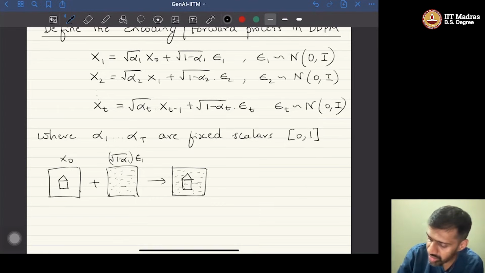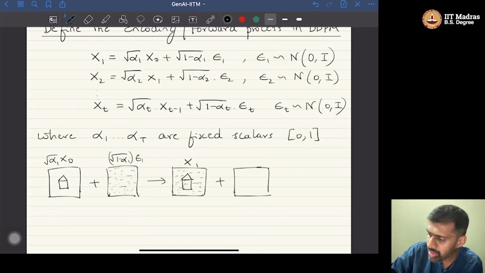So you multiply the data with root of alpha, and then take a scaled Gaussian noise and just add it to get x1. So this is the first latent space. Now to get the second latent space, you take the latent variable that you have. Note that all the latent variables are of the same dimension as that of the image.